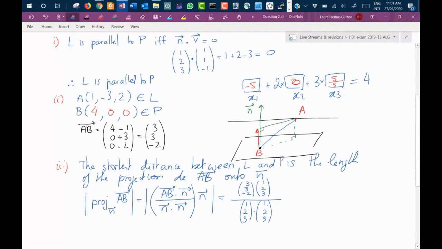I don't know why I keep writing this bar, which doesn't exist. And then I'm supposed to multiply this by 1, 2, 3. And when I'm done, take the norm. So what do I get here first? What do I get at the top? Can you put that for me in the chat? 3. Okay. What do I get here at the bottom?